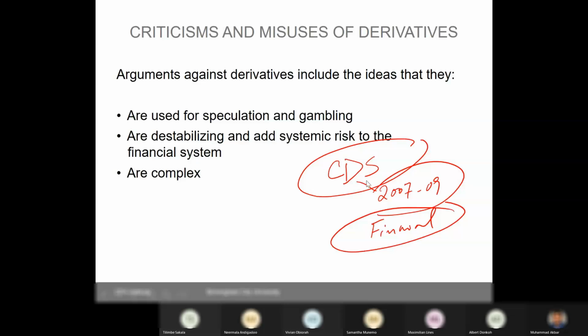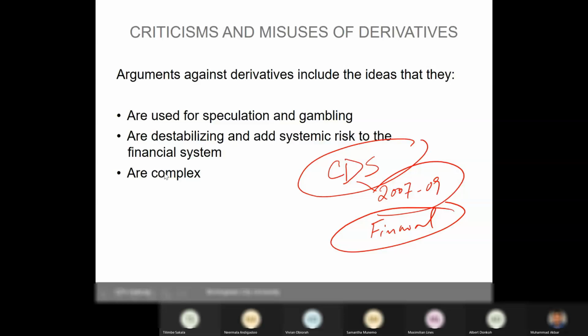So please read about this. But again, this has to do with how you use derivatives. They have been used in the past for speculative purposes, and at times have been used to destabilize, I would say, the financial system. But that again is quite subjective, and they are considered to be quite complex.